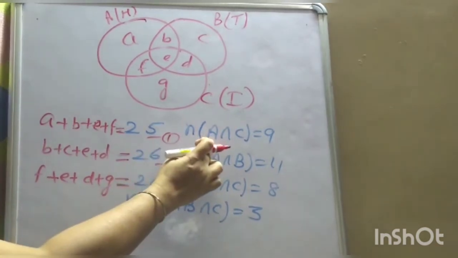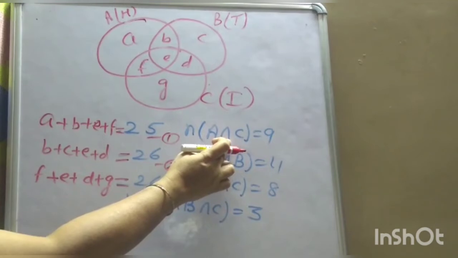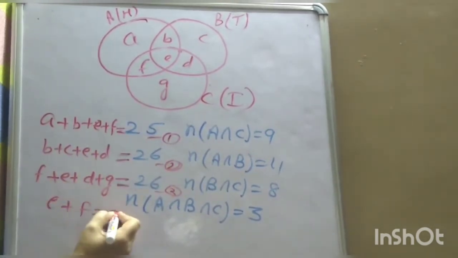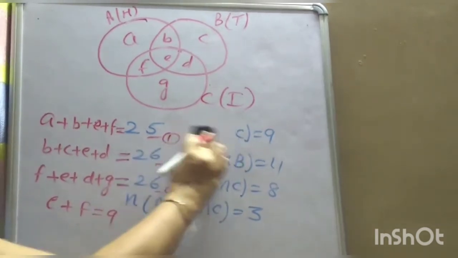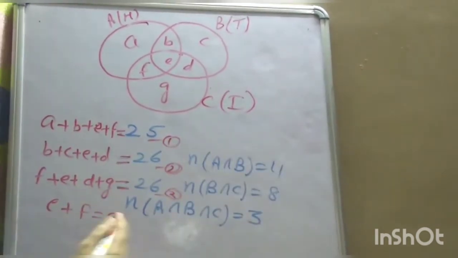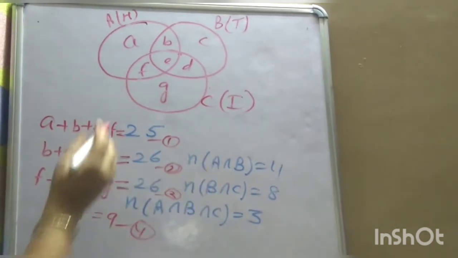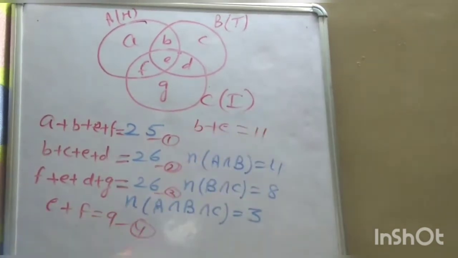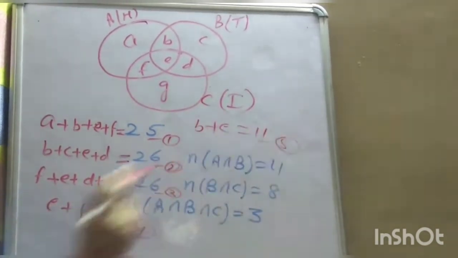Now, number of elements in A intersection C, it means E plus F is equal to 9. This is equation number 4. Number of elements in A intersection B, it means B plus E is equal to 11. This is equation number 5.